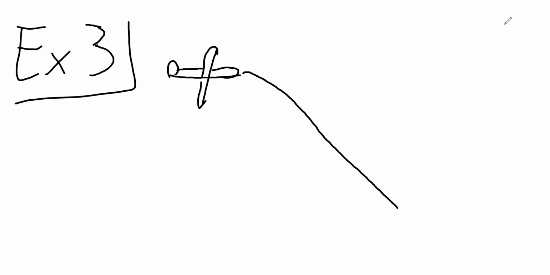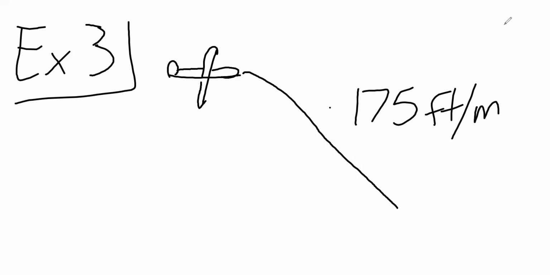If you've been on a plane, you'll hear the pilot say we are now on our descent to, let's say, Paris. We are descending at a rate of 175 feet per minute, and since we're descending, it's going to be a negative number because we're going down. What is the airplane's change in altitude after 5 minutes?